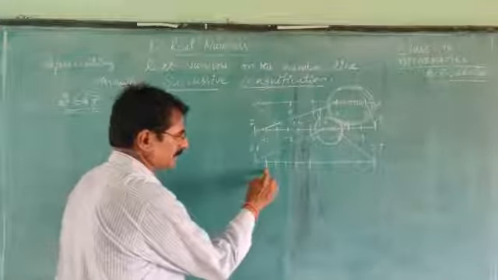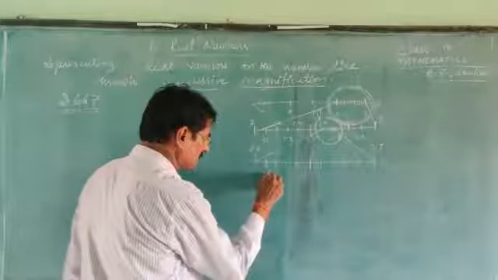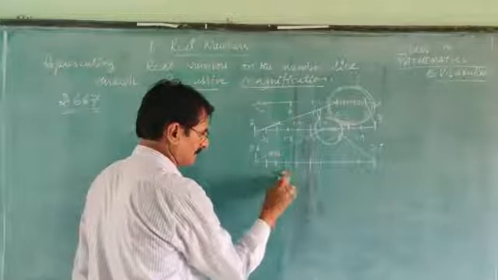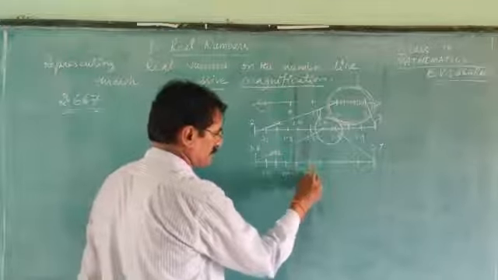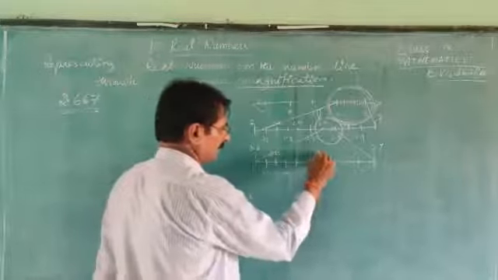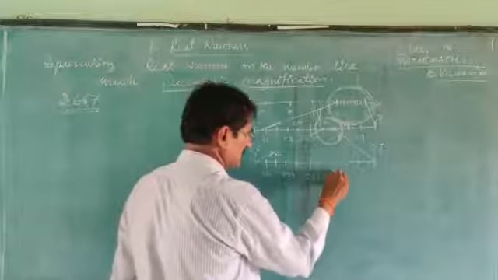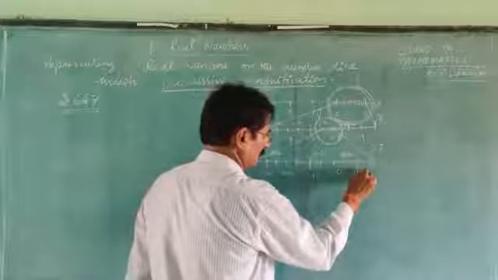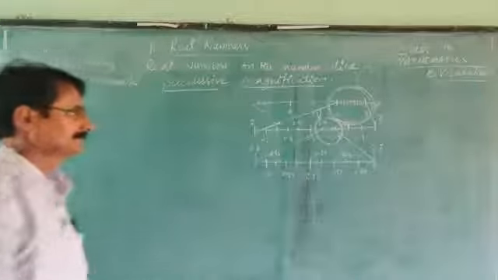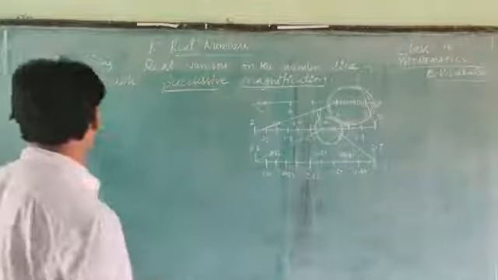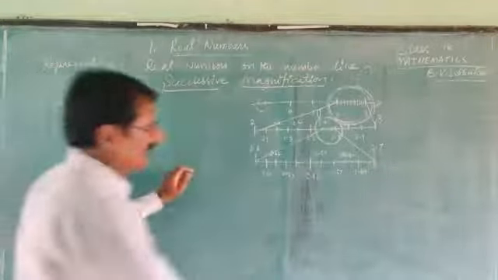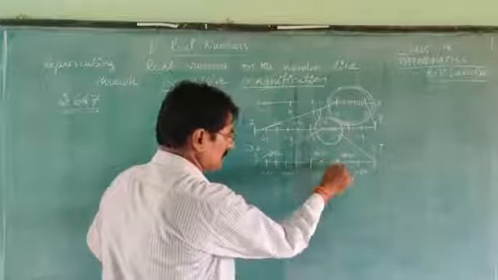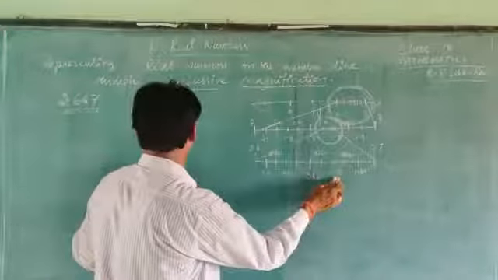What are the points between 2.6 and 2.7? 2.61, 2.62 and so on, 2.66, 2.68, 2.69 and 2.7. Now, 2.667 comes after 2.66 and is less than 2.67.